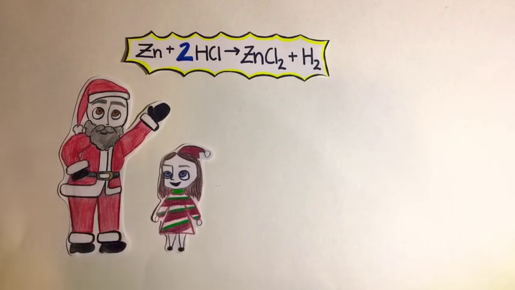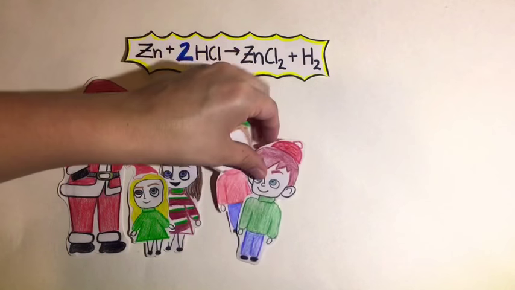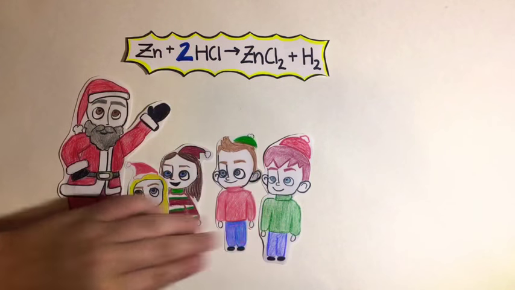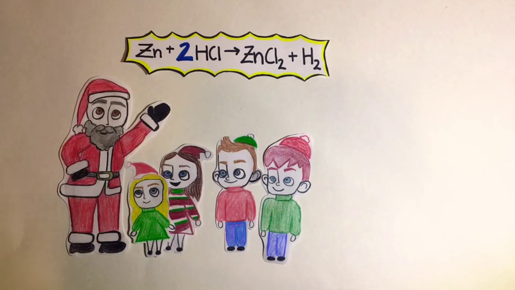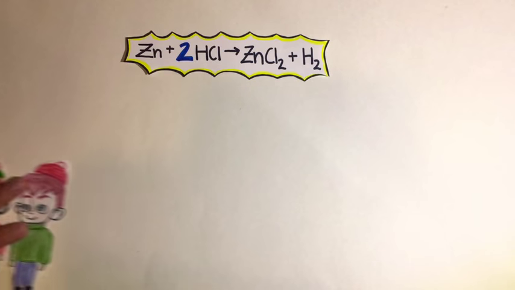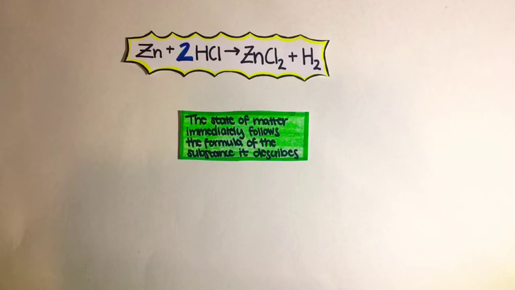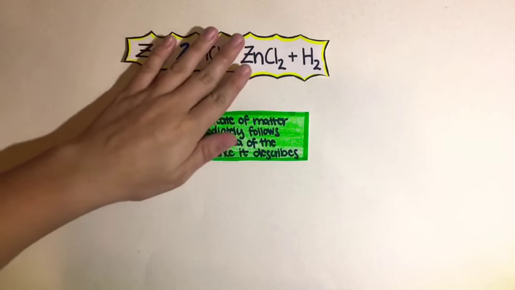Does this mean we're finally done balancing and finishing the equation? No, said Santa. We should put the states of matter after each substance, because states of matter immediately follow the formula of the substance they describe. To clarify, for example, the formation of water has gas plus gas equals liquid.